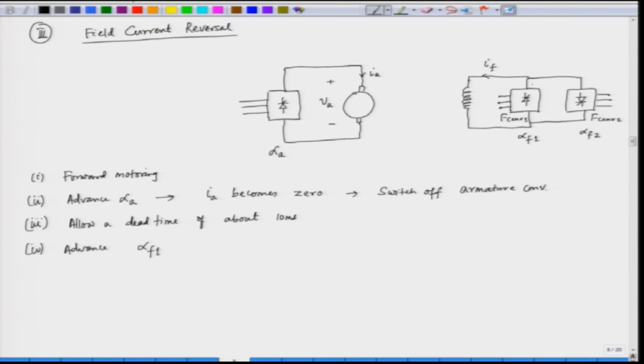Say for example, alpha f1 was initially finite. So, the current is positive. So, when we advance alpha f1, IF becomes negative, IF becomes 0.